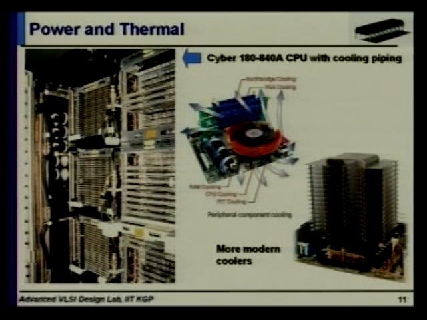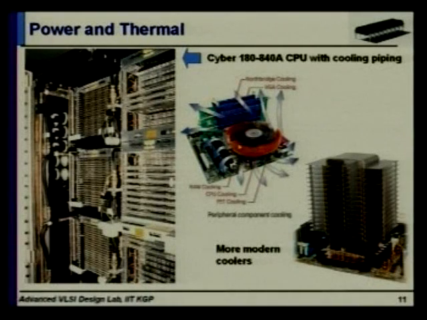That's why if you look at this, you see these pipes here, pipes containing supercooled refrigerants. They run those pipes all above the circuit. So you have the circuit boards, and just above them these cooling pipes run, right, and that's how they would keep the system cooled.